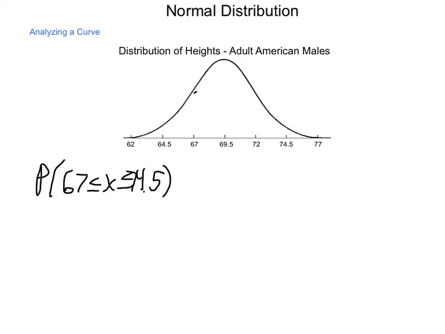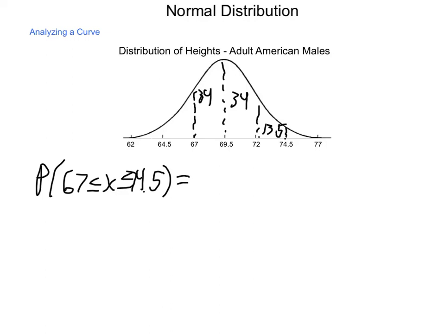So 67 is 1 standard deviation below, 74.5 is 2 standard deviations above. So what we would do is we'd take the probabilities of each of these sections, and they were 34%, 34%, and 13.5%.